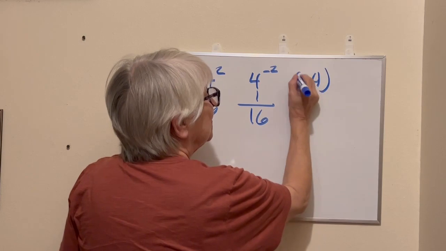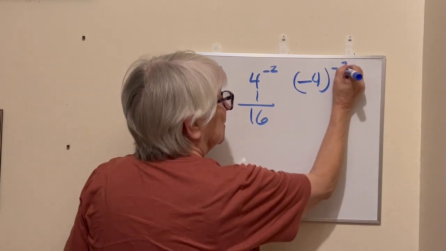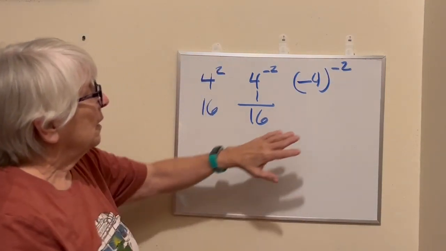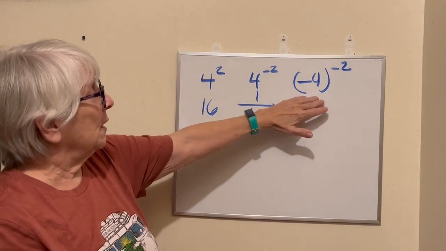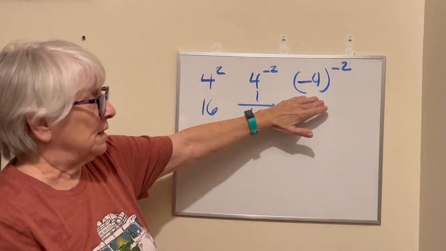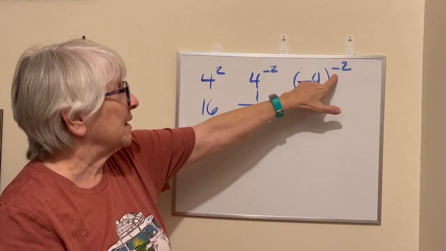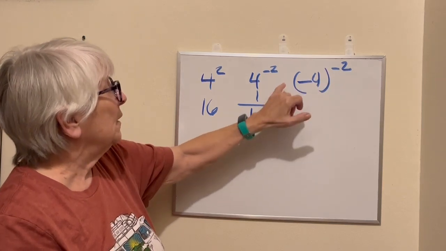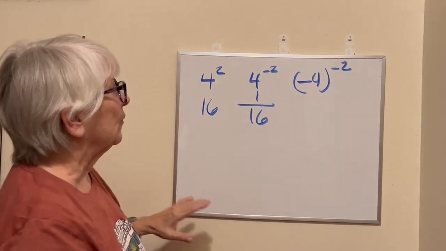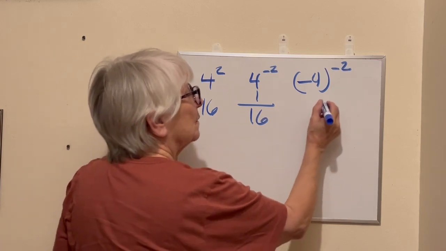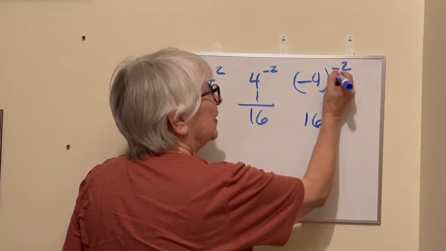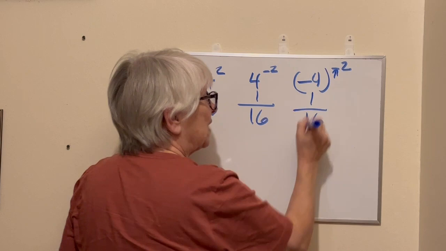Negative 4 in parentheses to the negative 2 is positive 16. Negative 4 squared, in parentheses, becomes positive 16, and this negative sign takes it to the denominator.